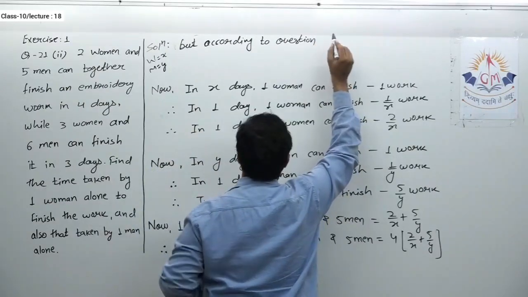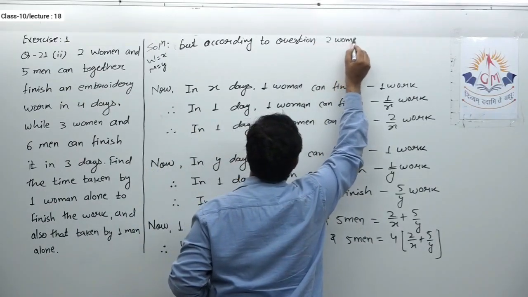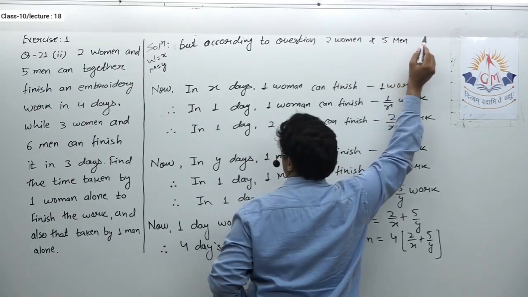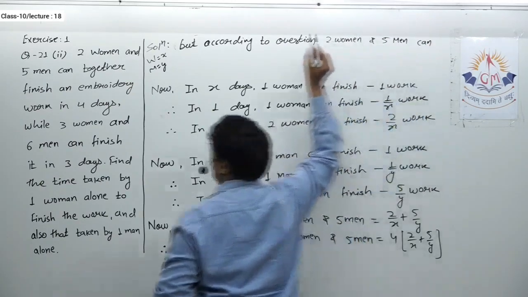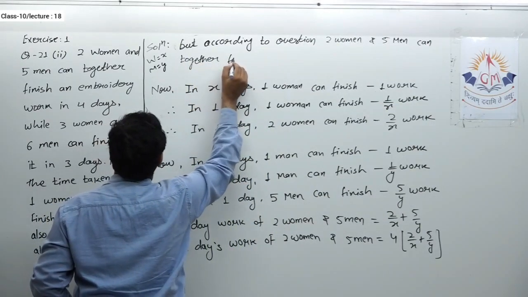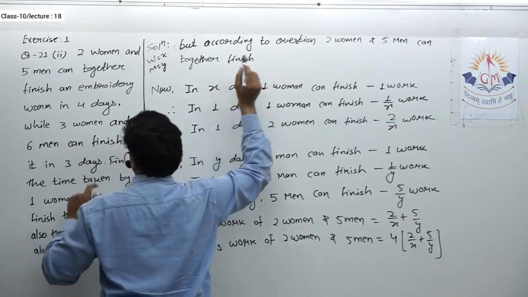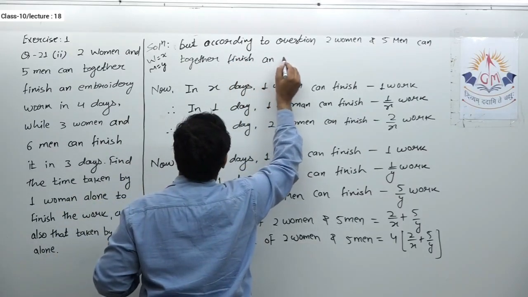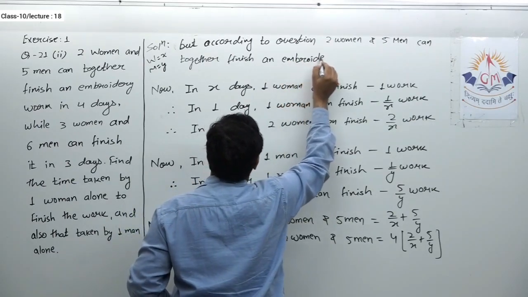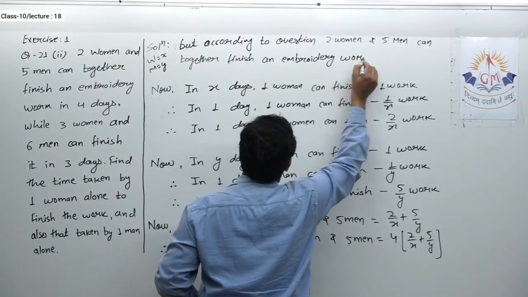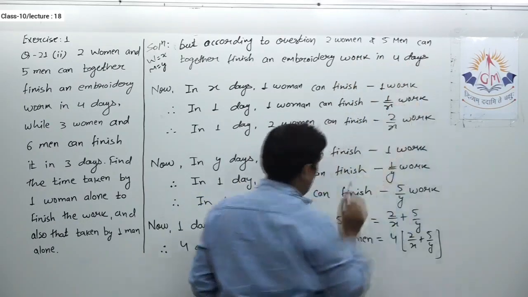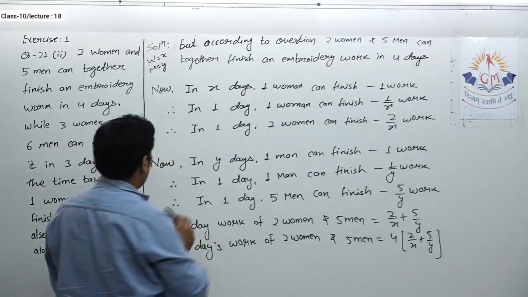According to the question, 2 women and 5 men can together finish an embroidery work, one work in 4 days.